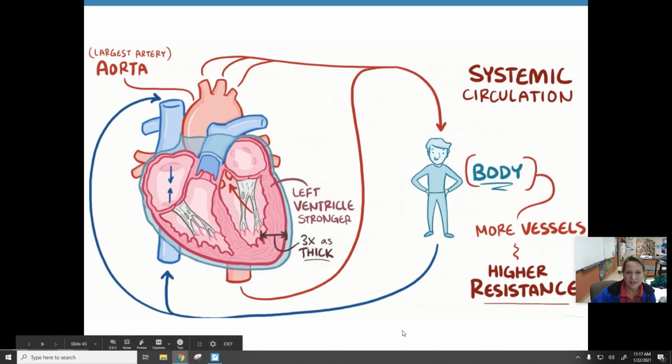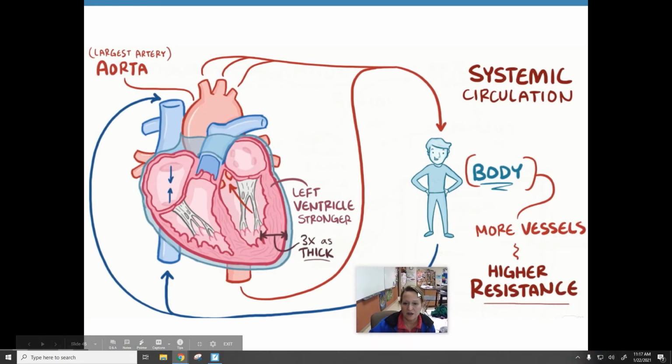So one thing that happens because of the difference between the pulmonary circulation, where the blood is just going to the lungs and back, a very short distance, is very little resistance, because there isn't a lot of friction with the multitude of vessels like there is in the body.